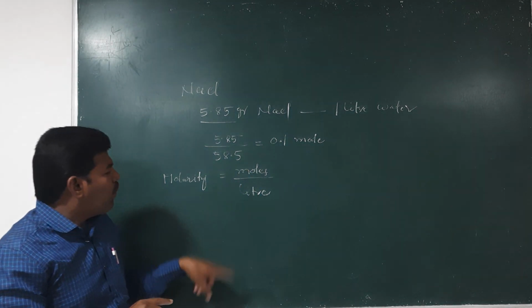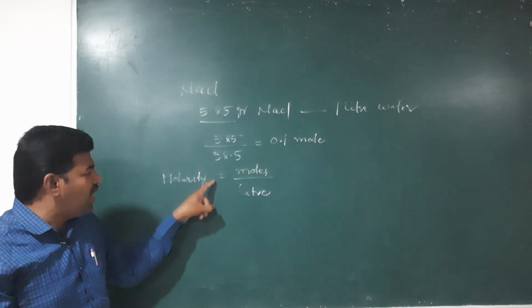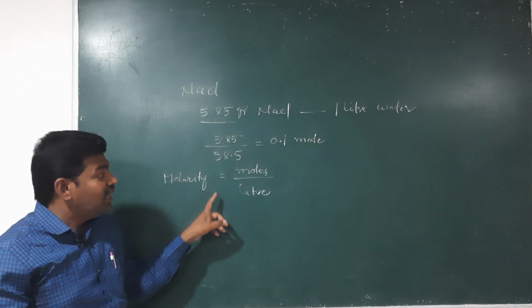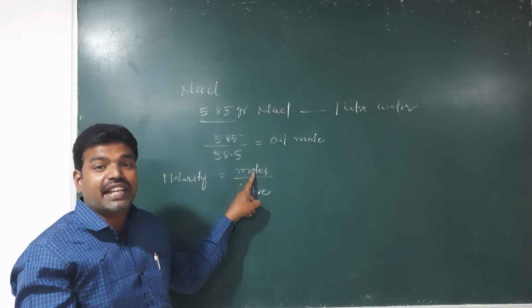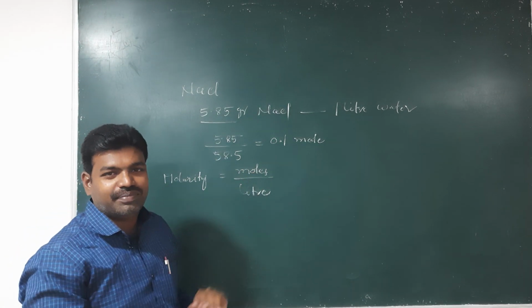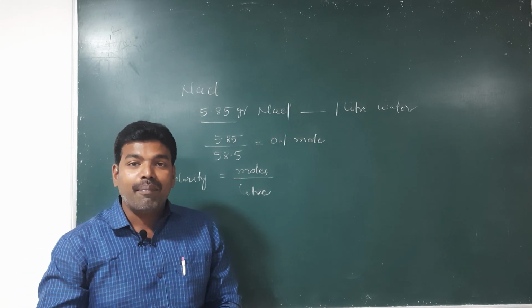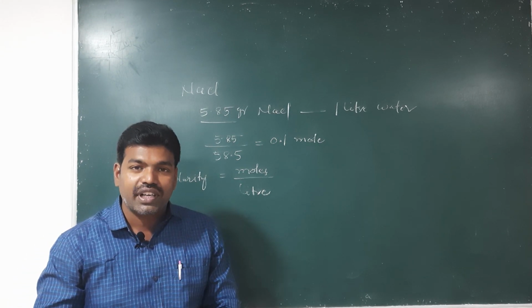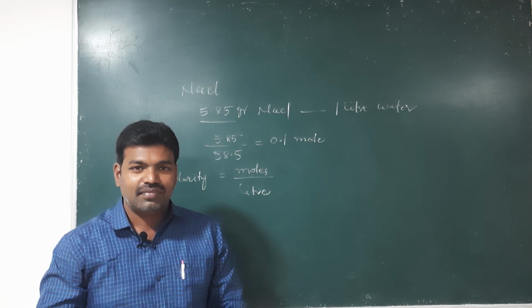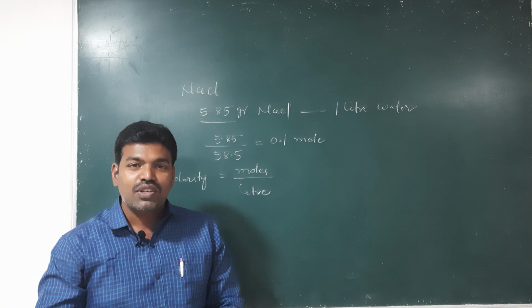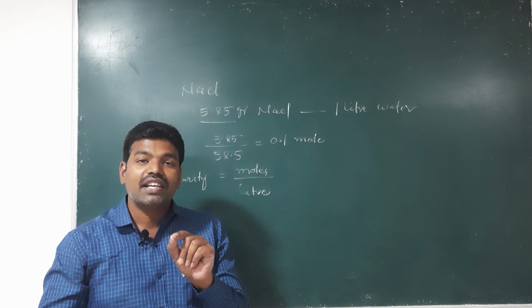So now we can define this molarity as the number of moles of solute present in 1 liter solution. So the molarity definition is the number of moles of solute present in 1 liter of solution.